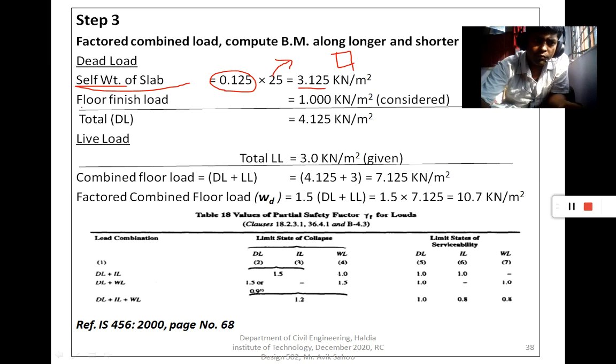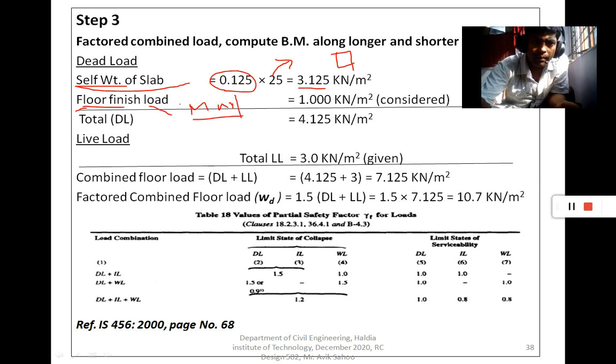The next is the floor finish load, which is 1 kilonewton per meter square. Floor finish means that after casting the RCC slab, we apply different flooring materials like marble or tiles.